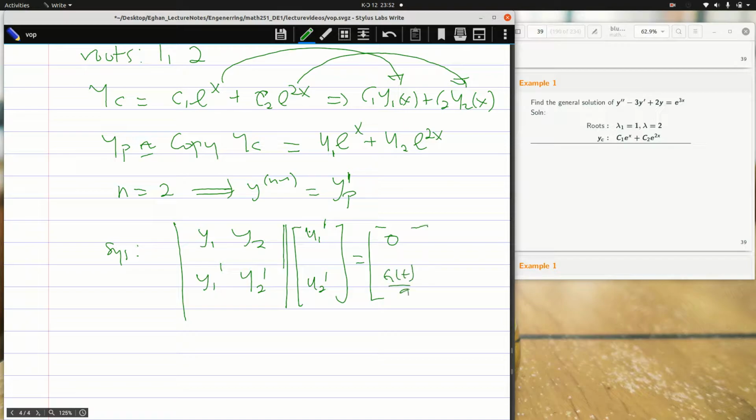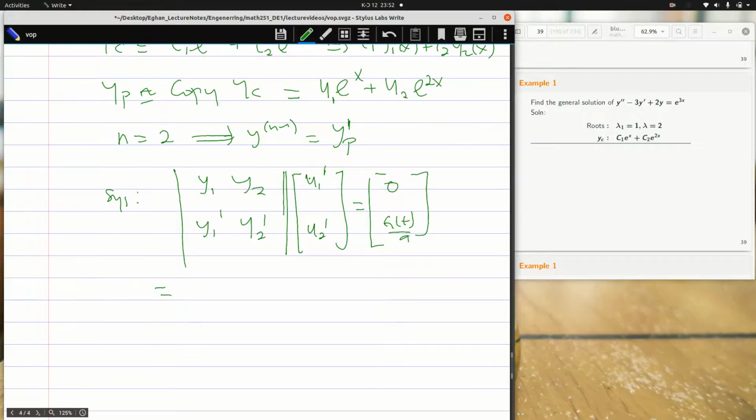So how would this look? My y1 is e to the power x, y2 is e to the power 2x. The first derivative here is still the same. The first derivative here becomes this, with u1 prime and then u2 prime, equal to my right hand side, 0.